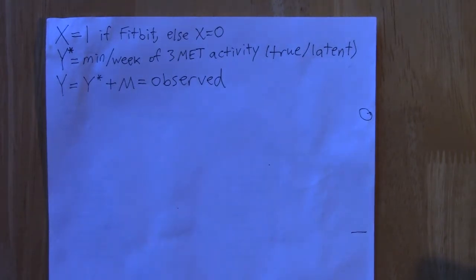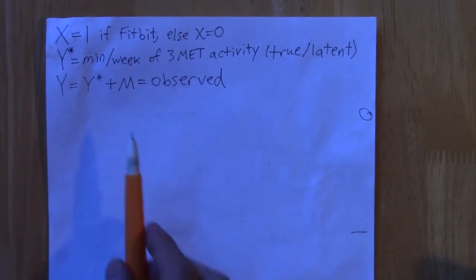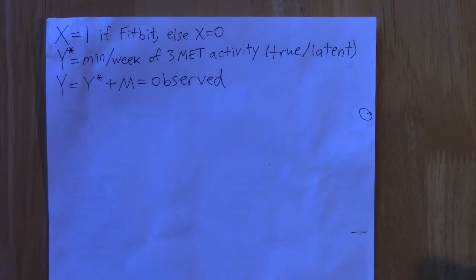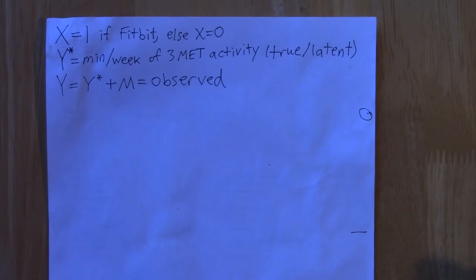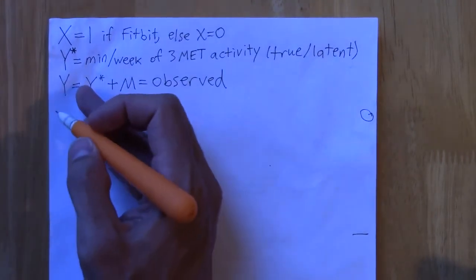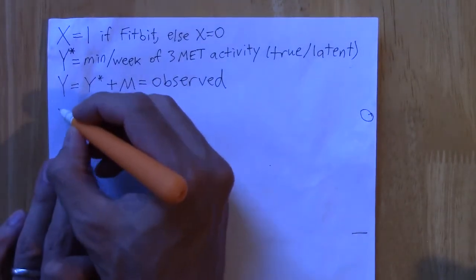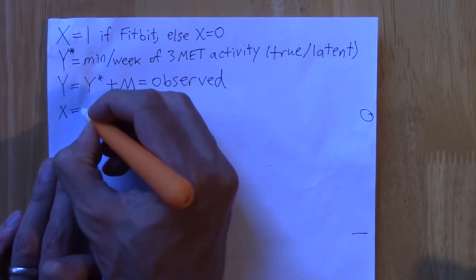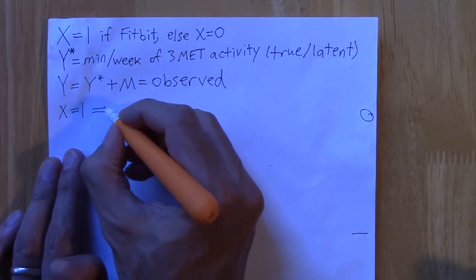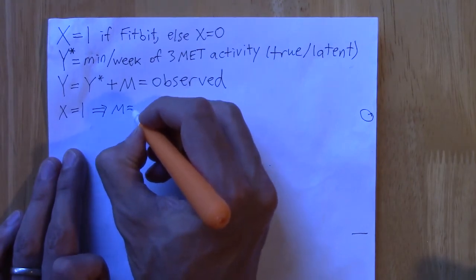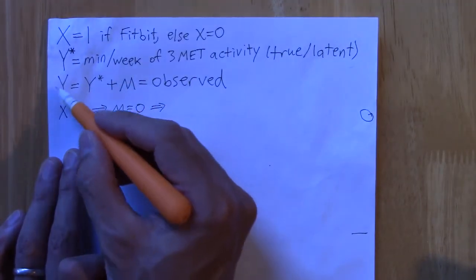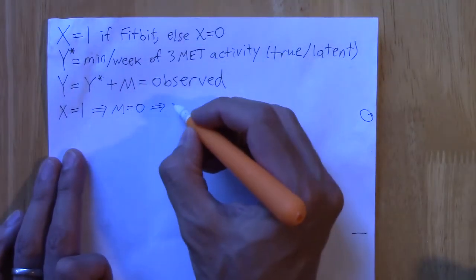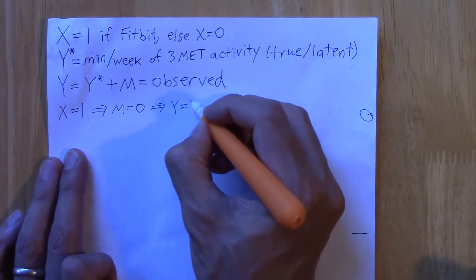Now, I know the Fitbit is not perfect in reality, but imagine the Fitbit actually did perfectly record your minutes per week of 3 MET activity, so that there is 0 measurement error for the Fitbit users. So when x equals 1, meaning you have a Fitbit, m is always equal to 0, and if m is 0, then the observed y is equal to the true latent y star.